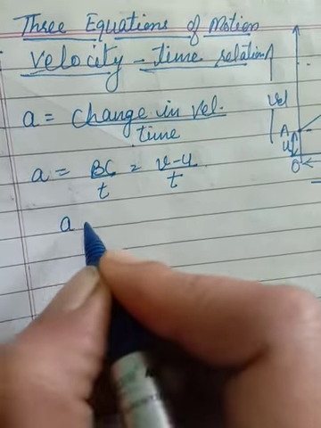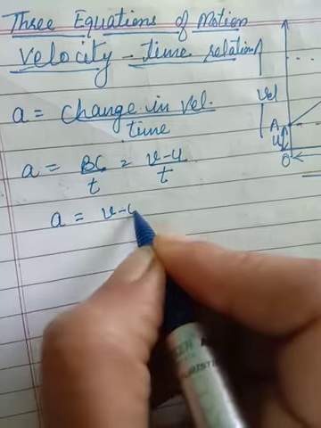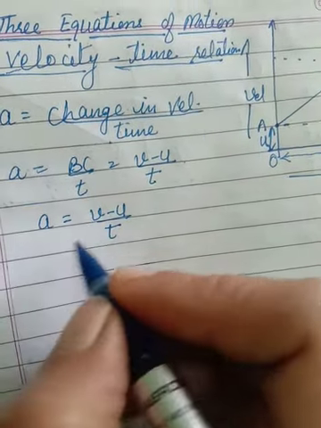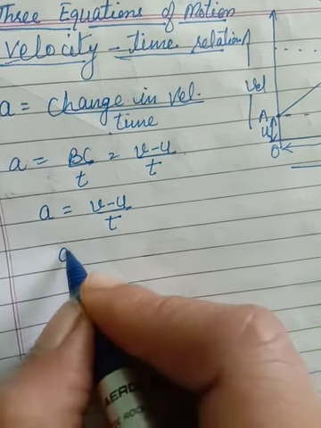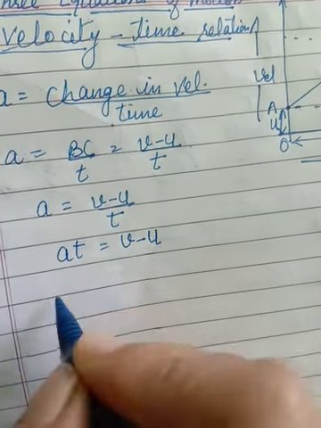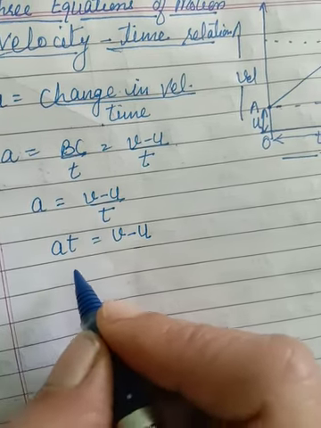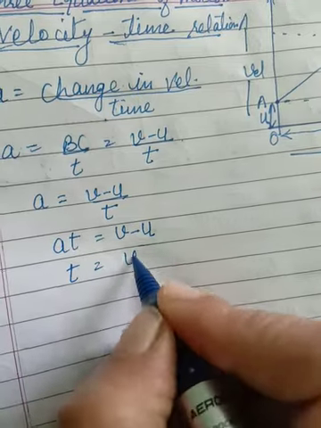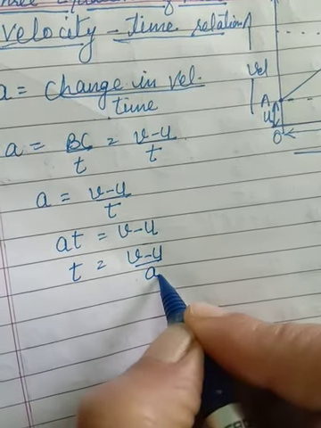So from here we are getting a equals v minus u by t, or we can also say it as at equals v minus u, or t equals v minus u upon a.